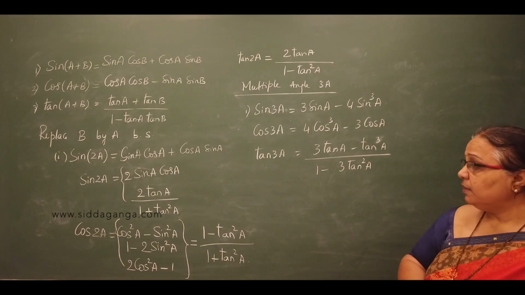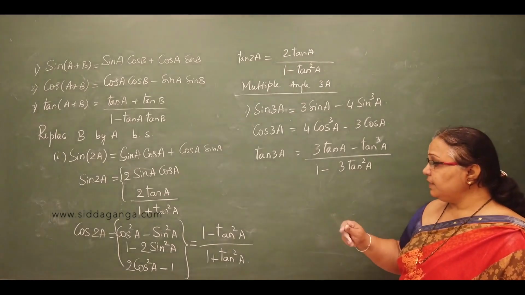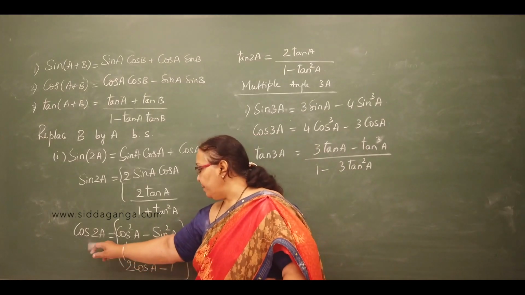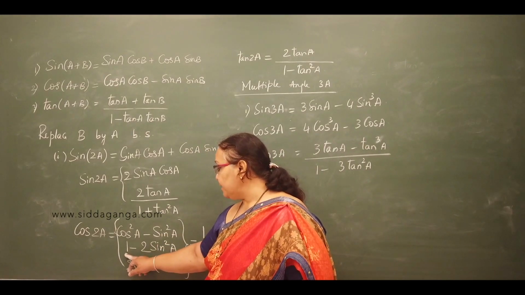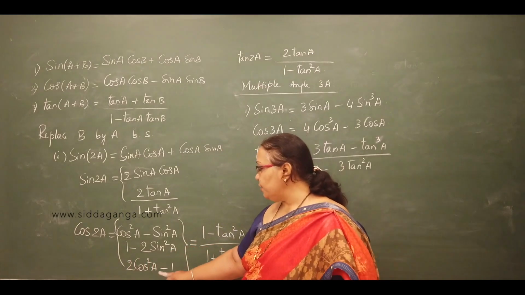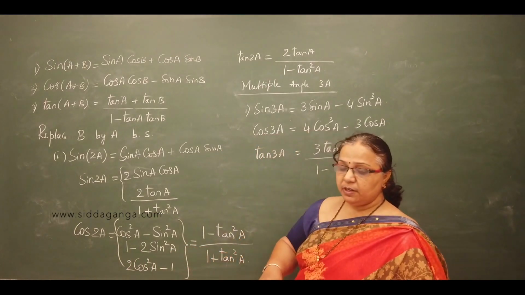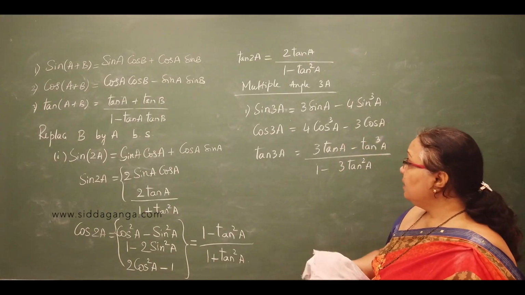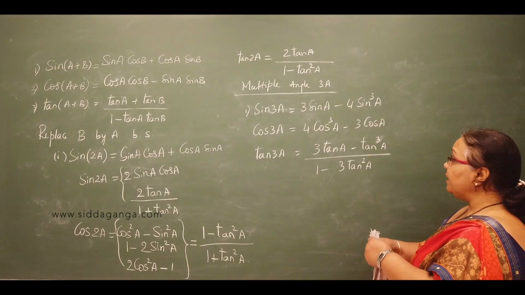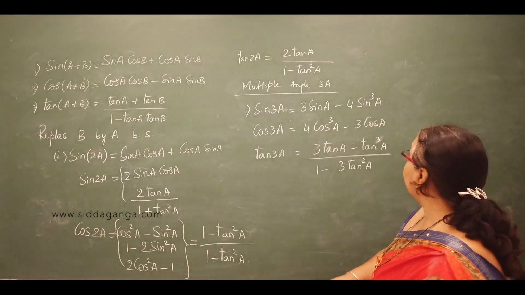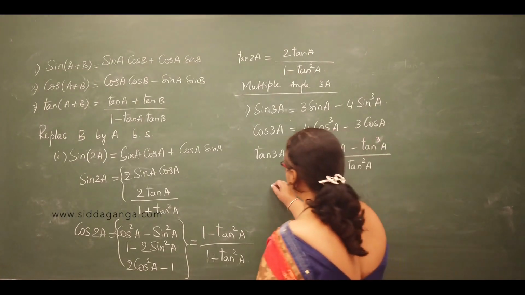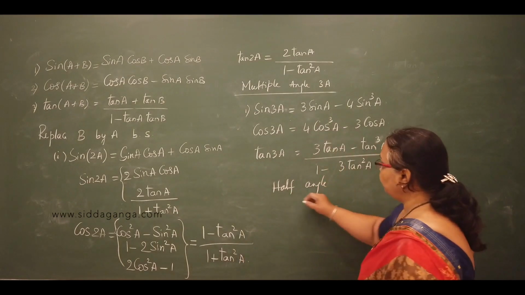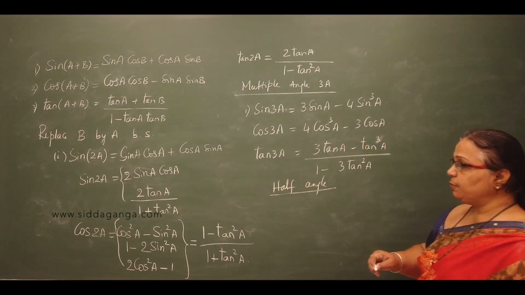So now, using the result of cos 2A, we can express it only in terms of sine ratio and only in terms of cos ratio. Now these are the results of the half angle expressions with the ratios.